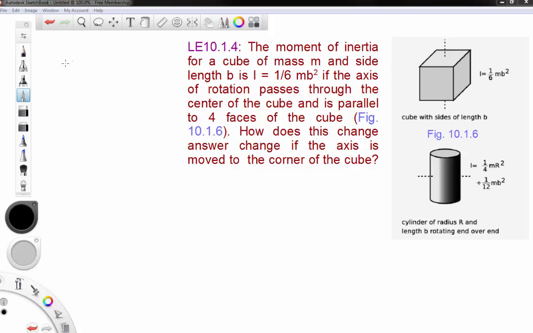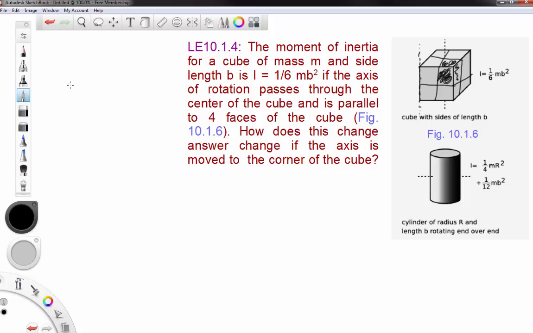So one way of looking at this is that instead of having a single cube here, we could take this cube and divide it up into sort of portions. And the portions basically are chopped like this. So each single cube like this has become instead 8 individual smaller cubes. So here's one individual smaller cube. And you should notice that this axis of rotation now passes through one of the corners of the cube. That's what we're wanting to do here anyway, is have the axis of rotation pass through the corner of the cube.